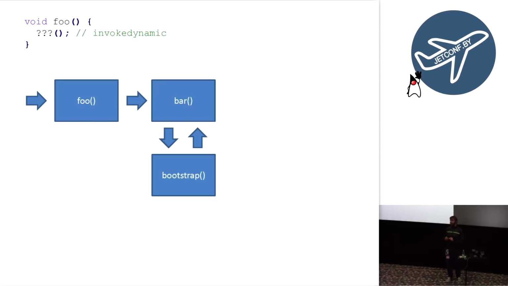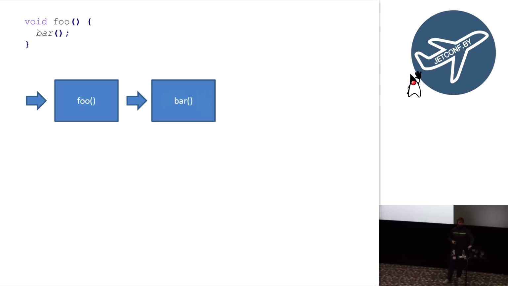What the bootstrap method now does is it returns a reference to a class and a method in this class. And this method will then be bound to the question mark site. So if the call site says we invoke this bar method of the specific type, then this method will basically be copy-pasted into the question mark call site, and the bootstrap method will disappear and never be invoked again in the future.